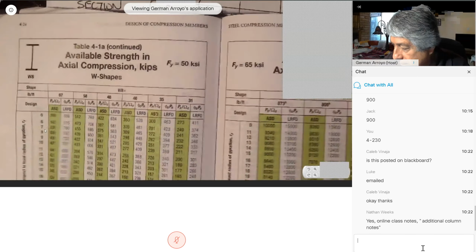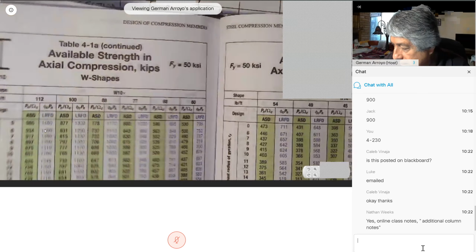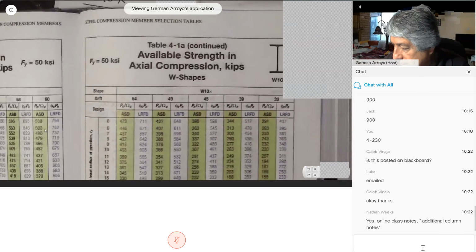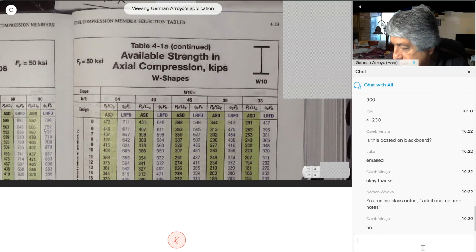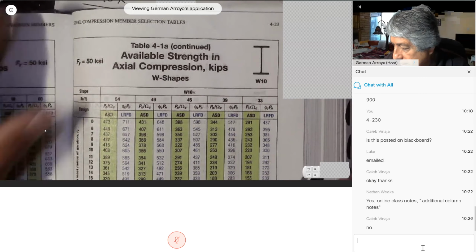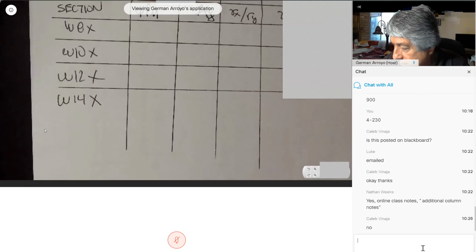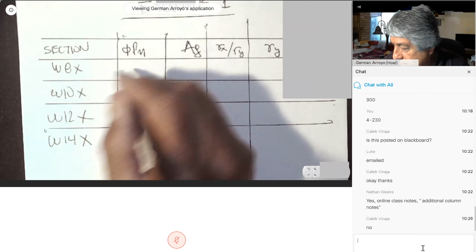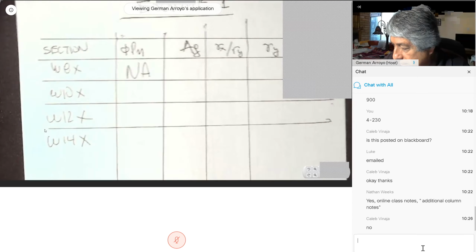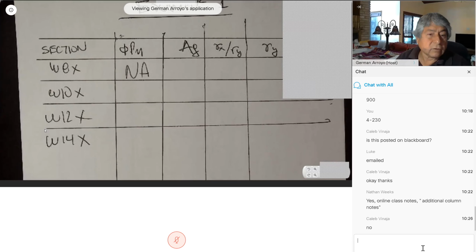So I go to the next page. Do we have any W8s left? No. So I'm going to come to my table like we did when we were designing the angle, and I'm going to put NA, which means not available.